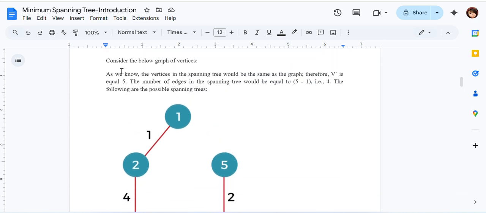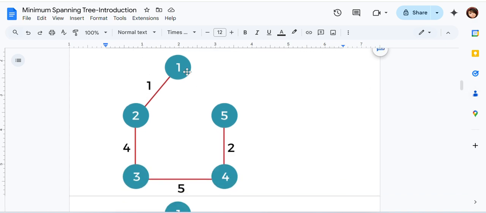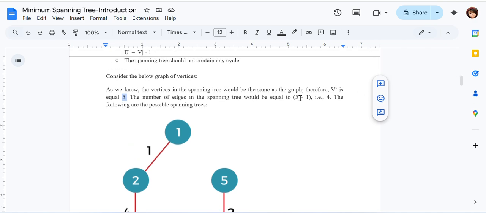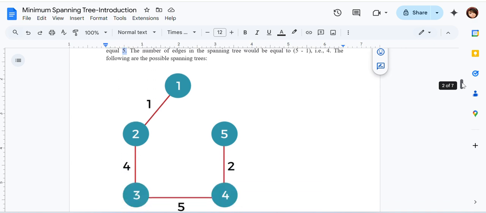Then V' is also equal to 5. Wherever you have green color, these are the vertices. We have 5 vertices in total, and the edges will be 5 minus 1, only 4 edges. So the number of vertices minus 1 is equal to the edges of the spanning tree. We have to have 4 edges here.